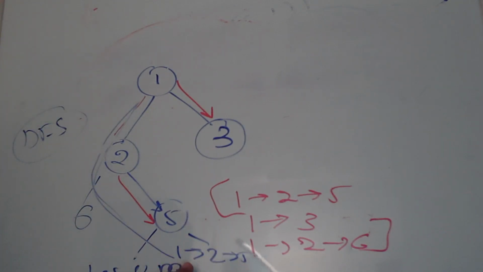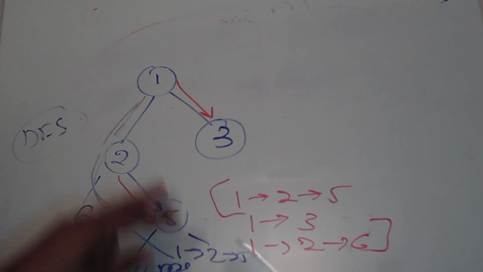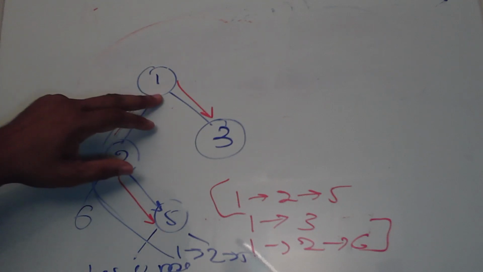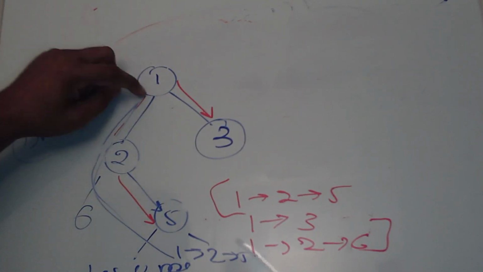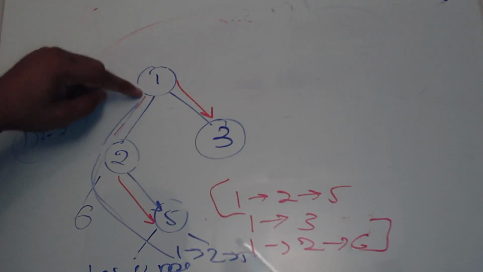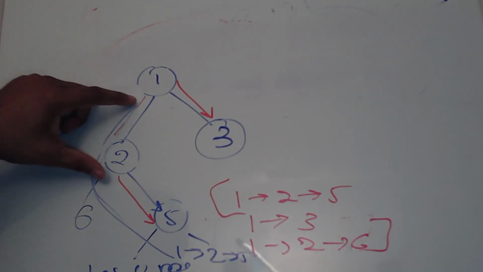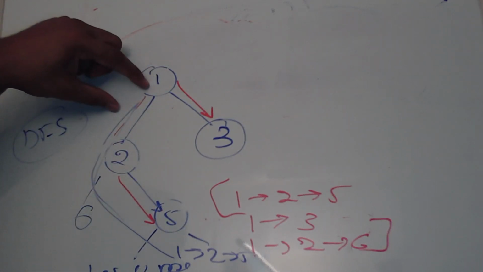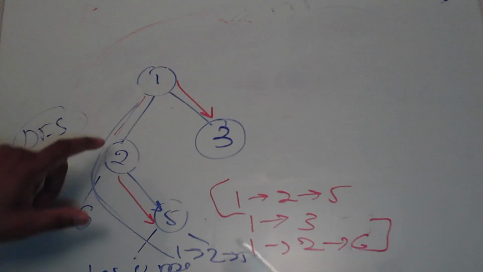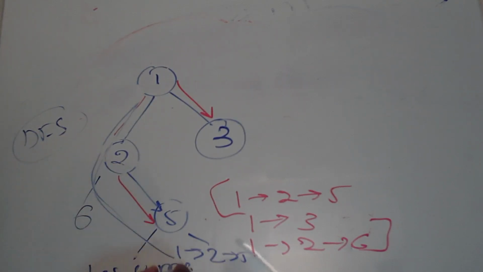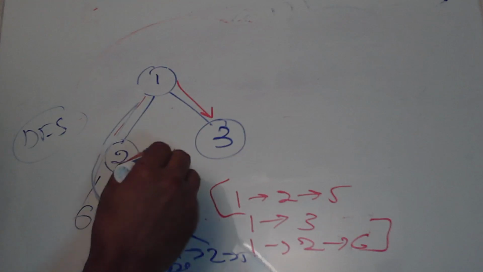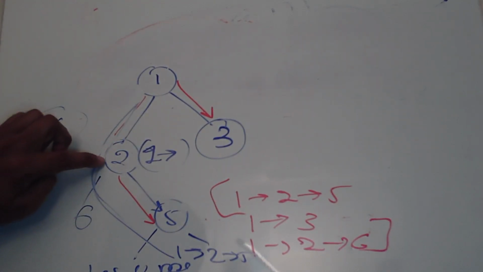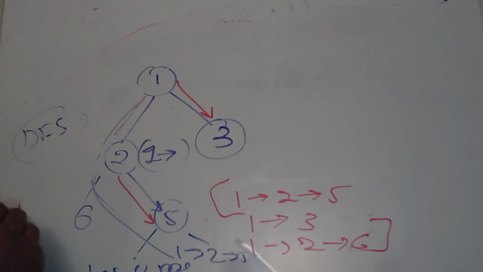Since we are saving the values 1, 2 and 5 for the output, we need to keep track of where we are coming from. So it makes clear that every time we call our recursion, we have to pass the previously calculated value. For example, by the time we came to 2, our string will become 1 pointing to 2, and if it goes to 6, we're going to add 6.